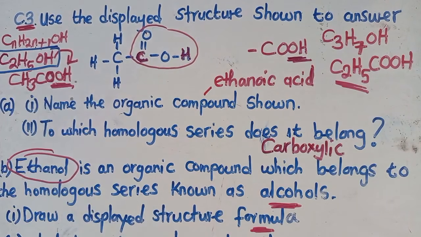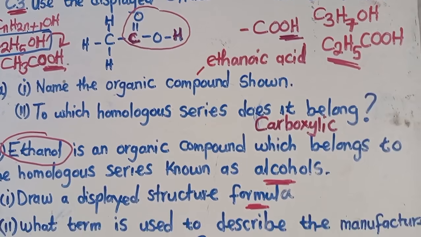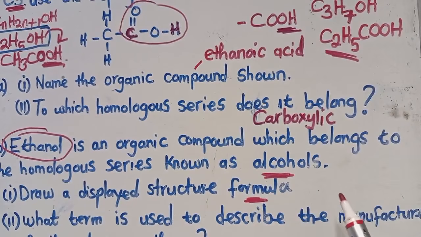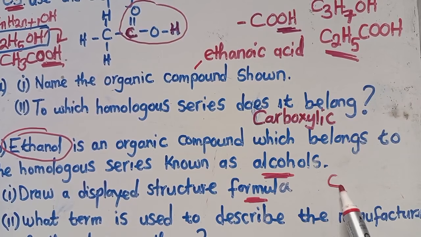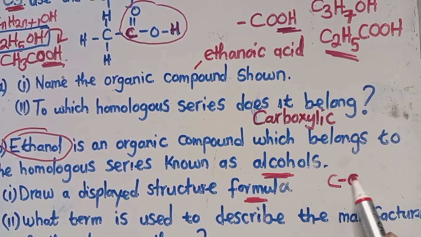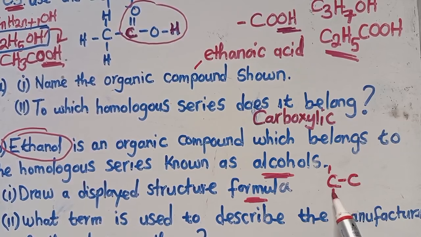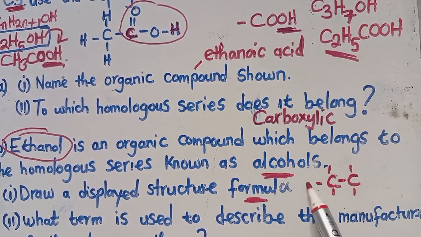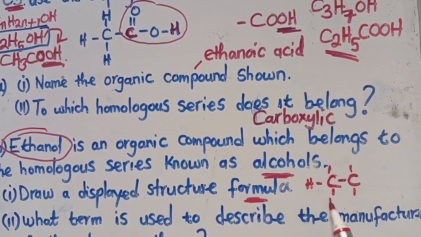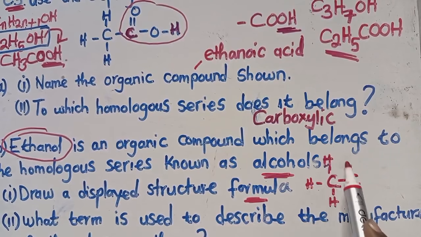They want us now to draw the structure. So how do you write the structure? We've got 2 atoms of carbon, 1, 2, like this. Then we surround them with 5 atoms of hydrogen: 1, 2, 3, 4, 5.